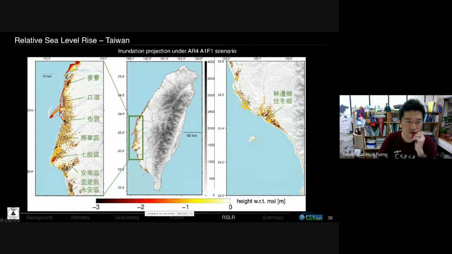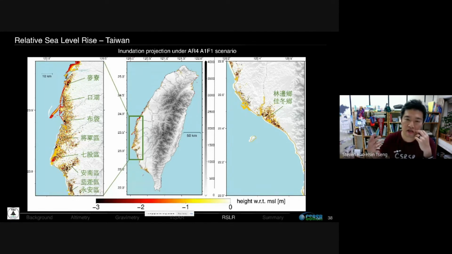You can see that some areas in Taiwan have already turned into fishing ponds. It becomes an aquaculture zone instead of an agriculture zone. They try to breed fish and shrimp all along this coastline. So basically they know that already.